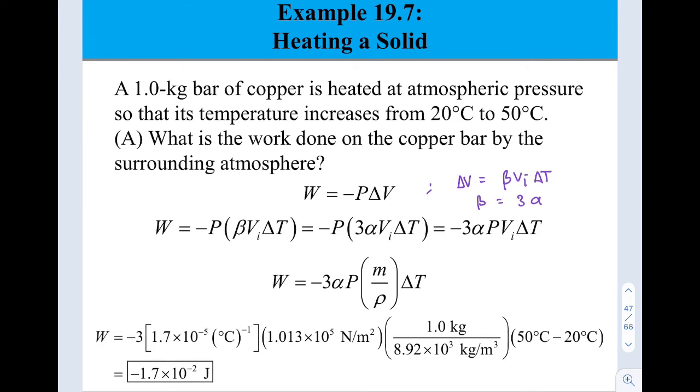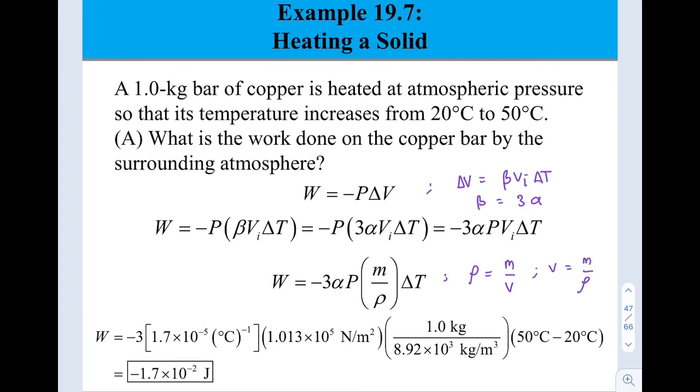So you have things that can be rearranged. Because this is a constant, so 3 alpha we put in front, right? And then the initial volume is figured out by using density, where we know that density is equivalent to mass over volume. If we want to have volume, it's mass over density of the substance.